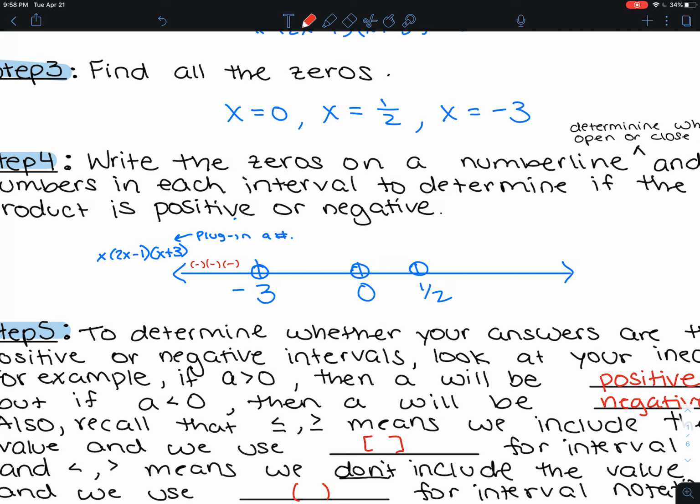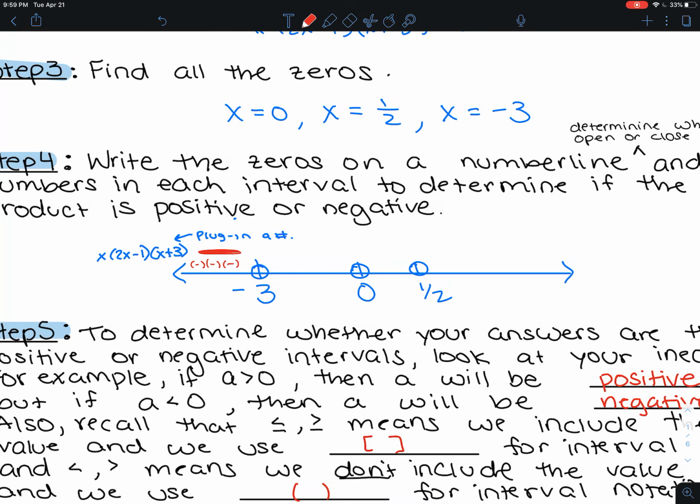See, I'm not even doing the arithmetic. All I'm doing is trying to find whether I'm going to have positives or negatives. So now we have negative times a negative is a positive, and positive times a negative is a negative. So for this interval, no matter what numbers we choose from -infinity to -3, we're always going to have negative answers.